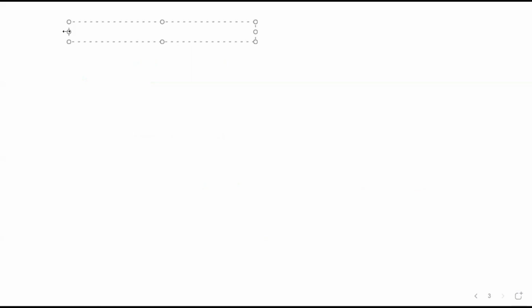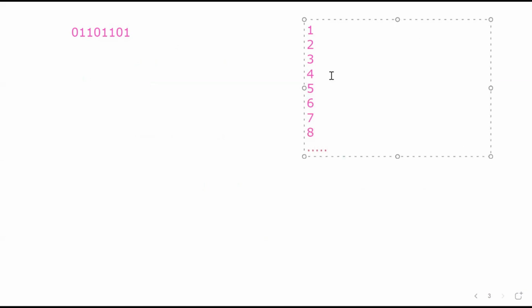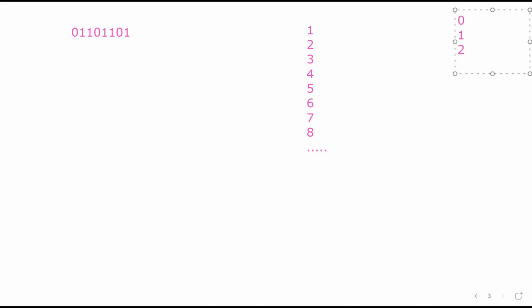So how is our machine language written? Like this: 01101. And our normal decimal numbers are 1, 2, 3, 4, 5, 6, 7, 8 and more. Binary starts with 0, 1, 2, 3, 4, 5, 6, 7.